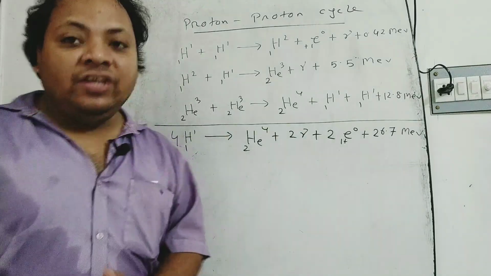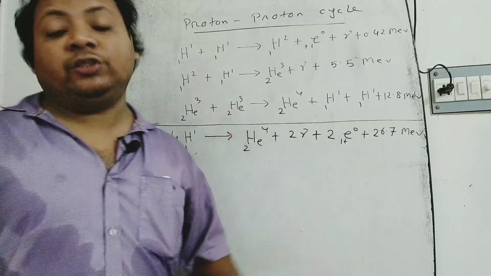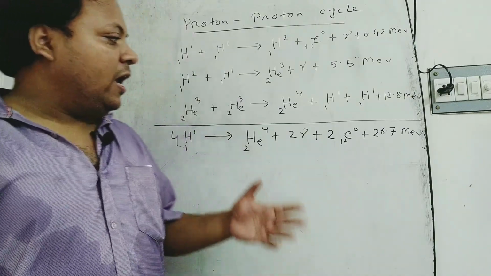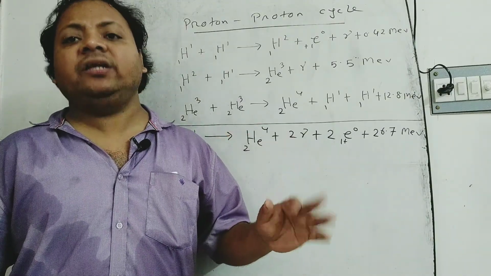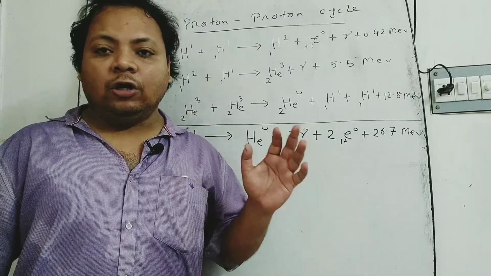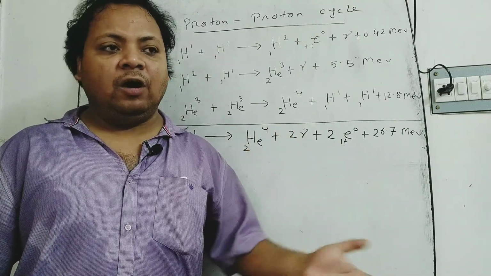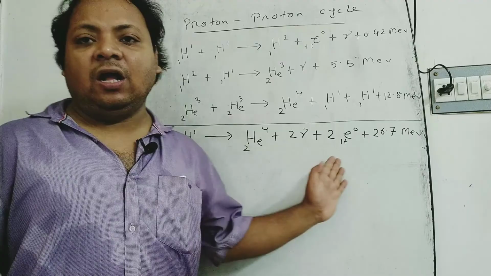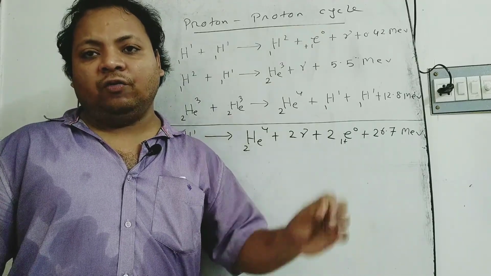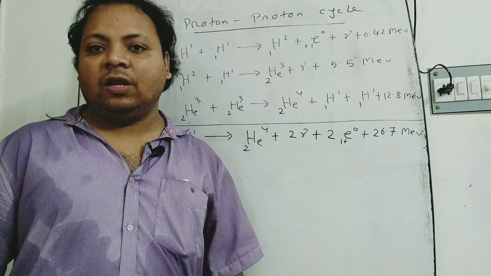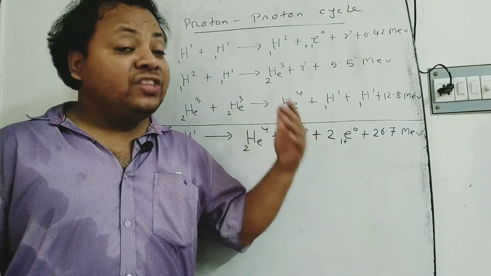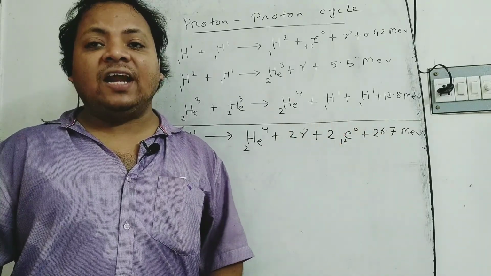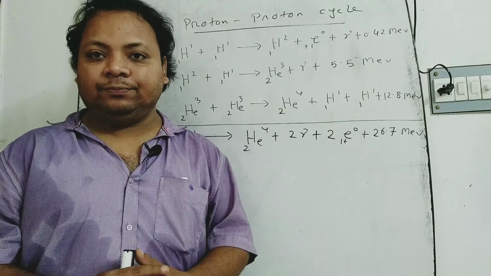By nuclear fusion we can get a huge amount of energy, and its main raw material is hydrogen or protium, which is available on our earth, and the waste materials are not very harmful for our environment. That's why, from nuclear fusion, in future we can get a huge amount of energy.